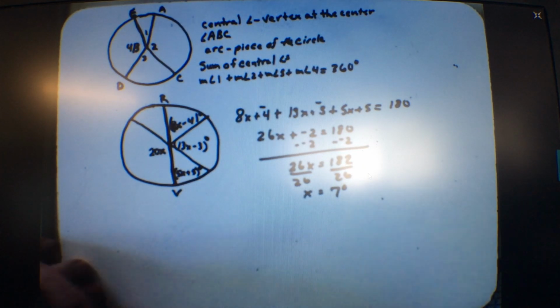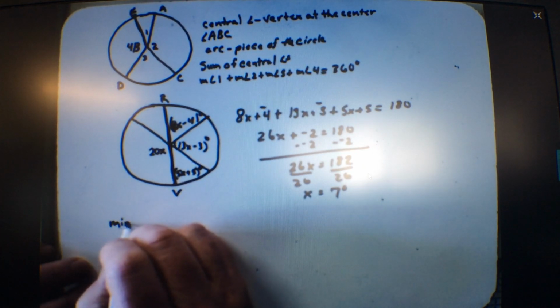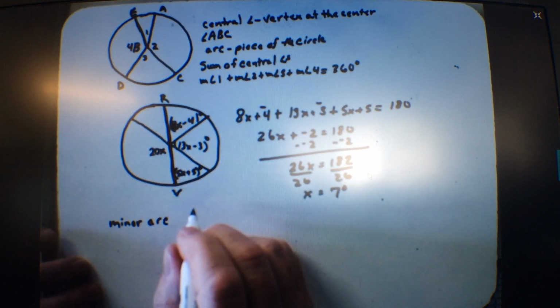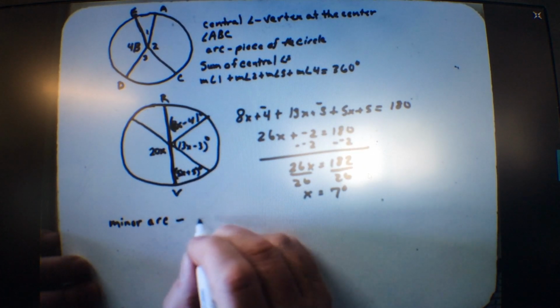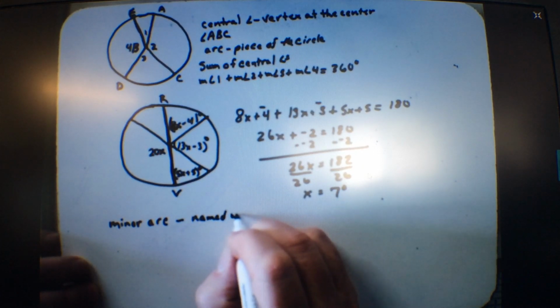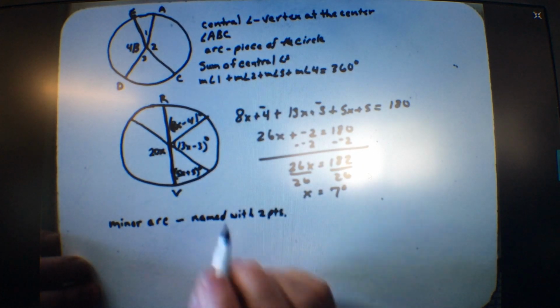Okay, so let's talk about arcs a little bit. We have 3 arcs that we're going to deal with. We have a minor arc. A minor arc is named with 2 points that are the endpoints.